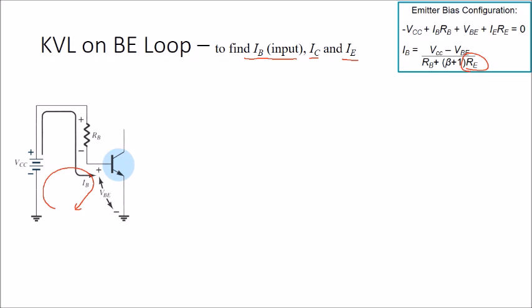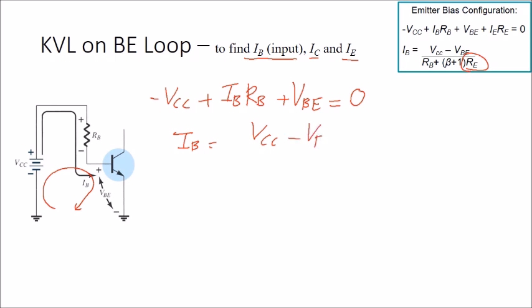We start with minus VCC for the KVL, and then the current flow is IB, so IB times RB, and then we have the voltage drop at the transistor, the BE junction. We note this as VBE, the value is 0.7, and this is the complete loop, it should be equal to 0. So your IB will be equal to VCC minus VBE, over RB.